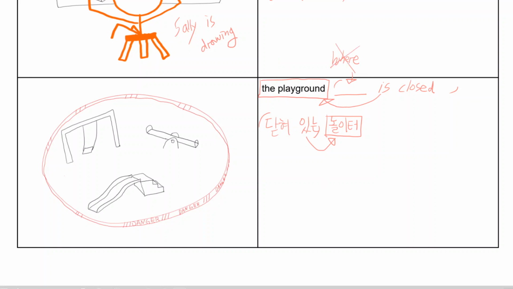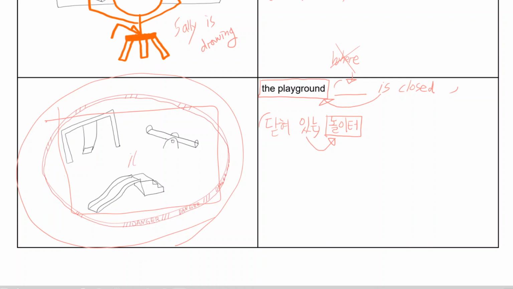The situation here is the playground itself is something, right? 닫혀 있는 놀이터 means 놀이터가 닫혀 있다. So the playground itself is doing something. So in this type of situation, you also say which.